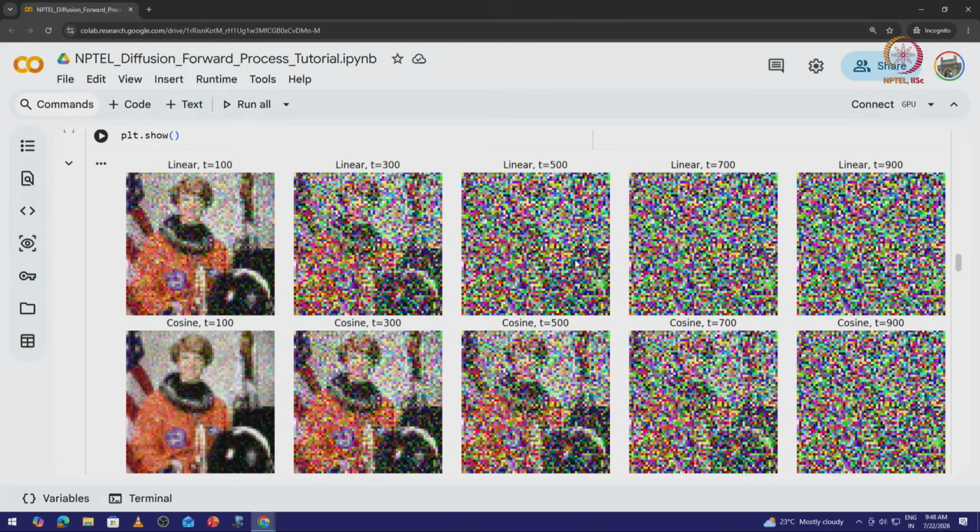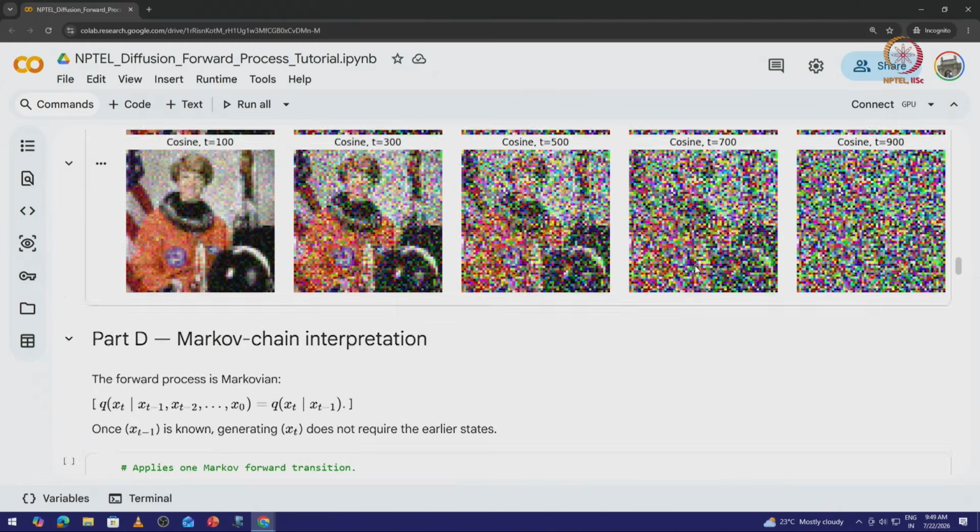In the first row you can see that initially the image suddenly gets so noisy, and within 500 timestamps it is almost close to Gaussian noise, whereas, as we had shown you through the plot before, the original image slowly declines into Gaussian noise in a more uniform fashion with the cosine variance schedule. That visualization you can see in the bottom row, where the image much more uniformly converts to Gaussian noise.